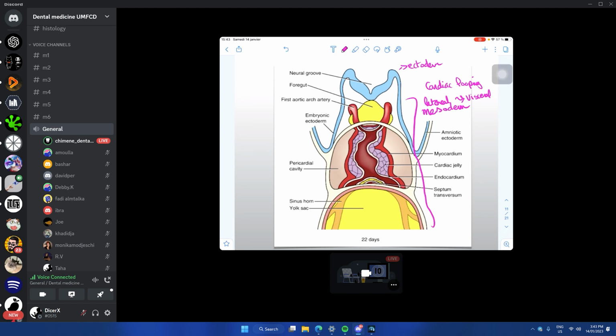The visceral part will not only form the heart and the cardiovascular system, but also some of the gut, the gastrointestinal tract, and that's it.